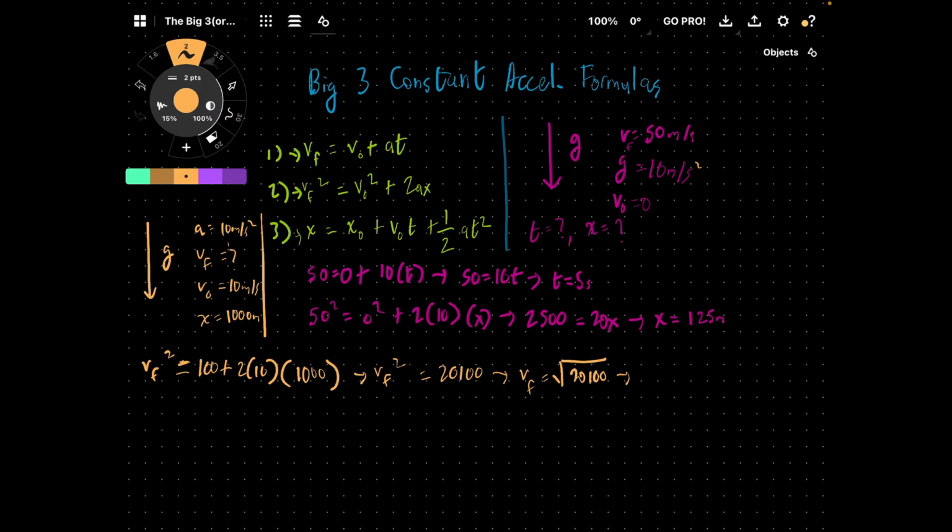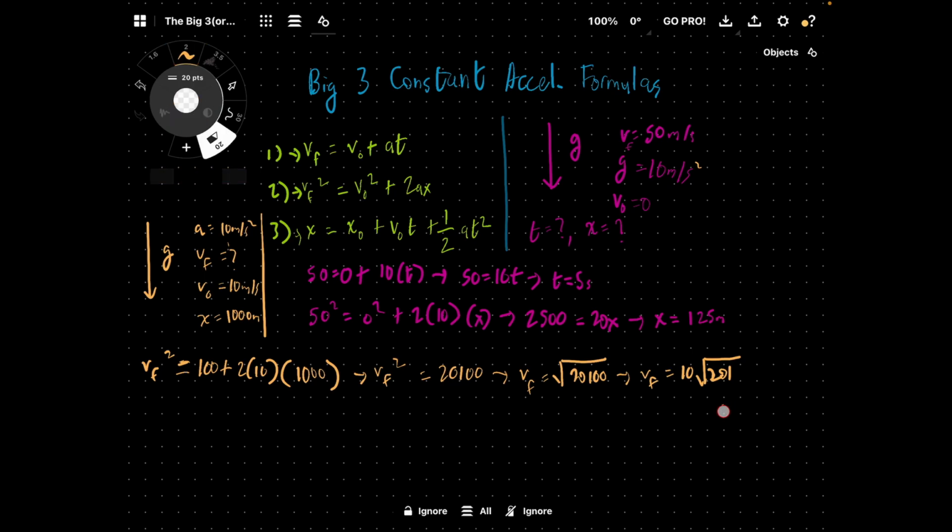20,100, or Vf is equal to 10 times the square root of 201, and 201 itself can be factored into, if we divide by 3, that's going to be equal to 67.